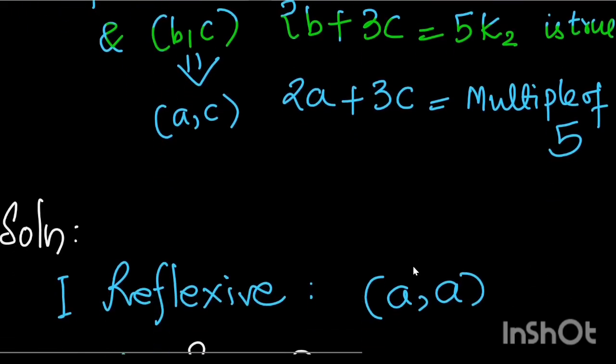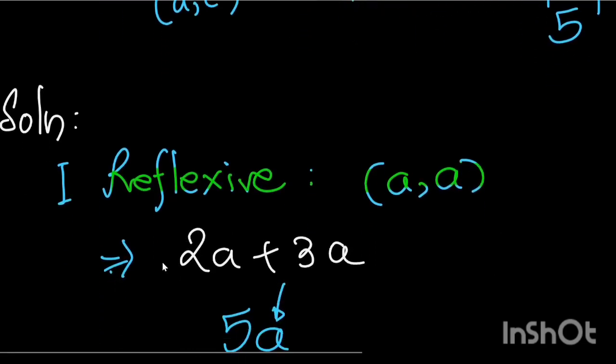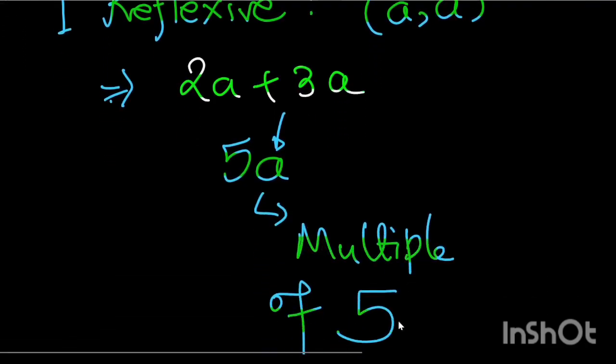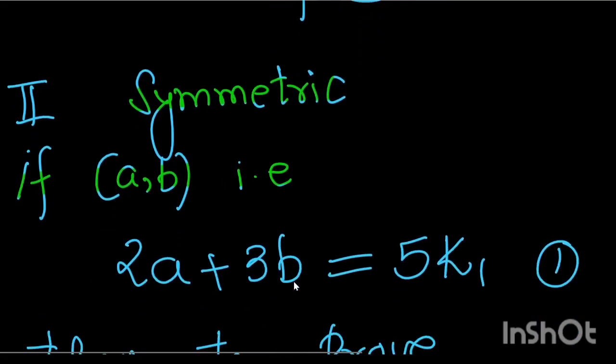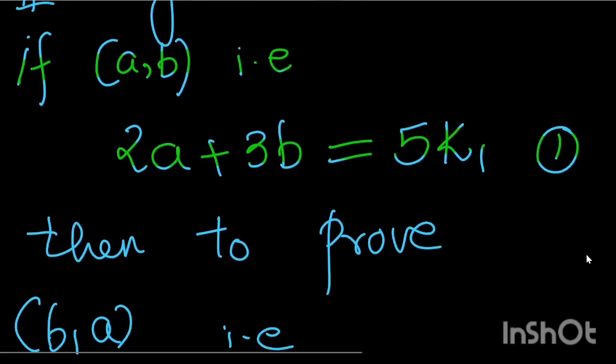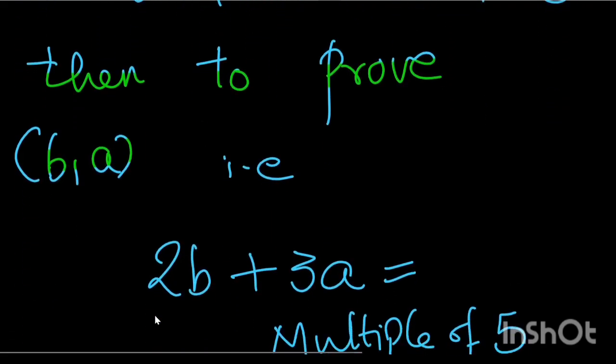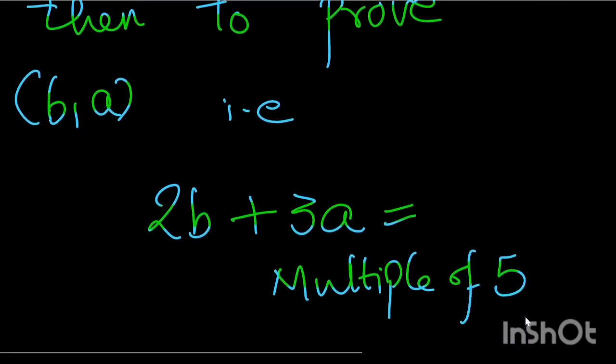So the solution. First, reflexive. Replacing b by a, so it is (a, a), which is 2a plus 3a, 5a. A is a natural number, so obviously it's a multiple of 5. For symmetricity, to prove that this is a symmetric relation, if (a, b), that is if 2a plus 3b is 5k1, is true, then we have to prove that if we interchange a and b, that is (b, a), which means 2b plus 3a, is a multiple of 5.